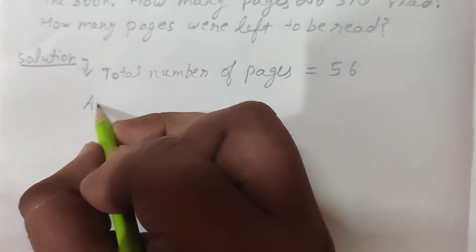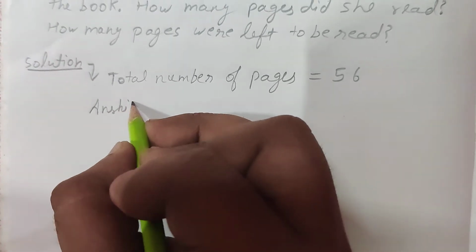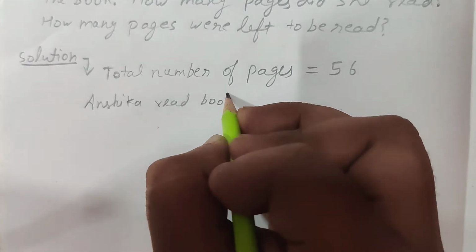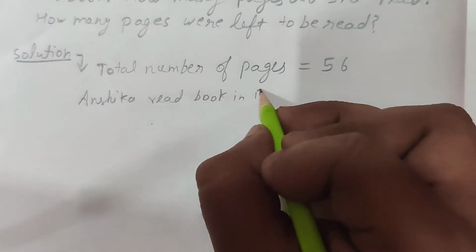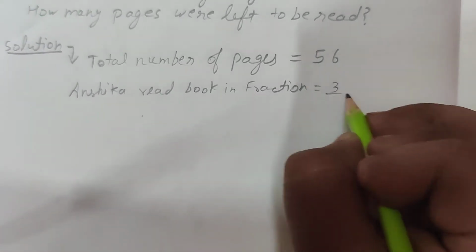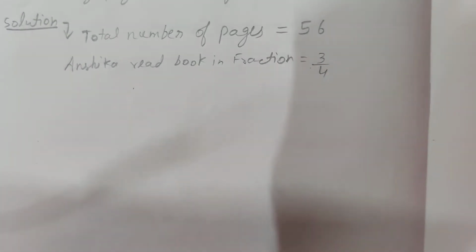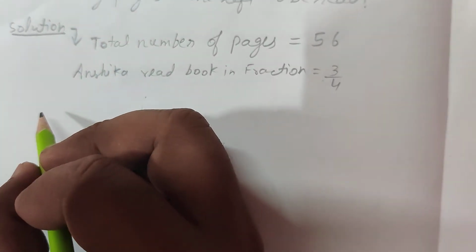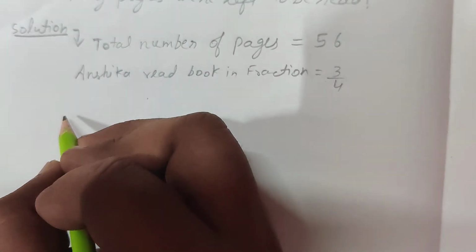Then Anshika read the book in fraction is equal to 3 upon 4. So we have to find out the number of pages she read.